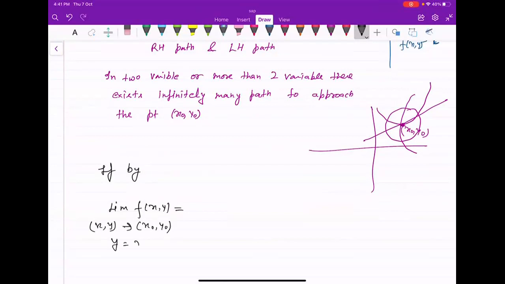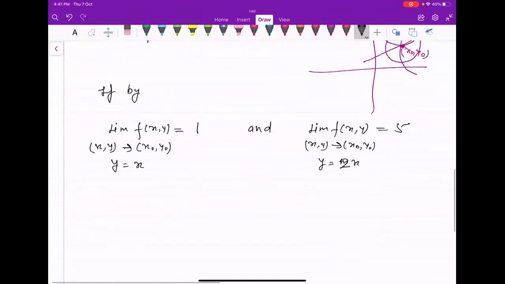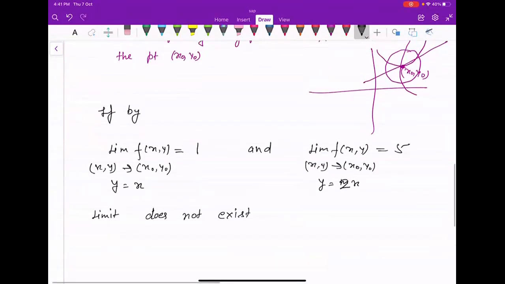By one path it comes out to be, suppose, 1, and by another path, y equal to mx or maybe 2x, it comes out to be 5. Then we say the limit does not exist, because you're not getting the same value of the limit by two different paths.